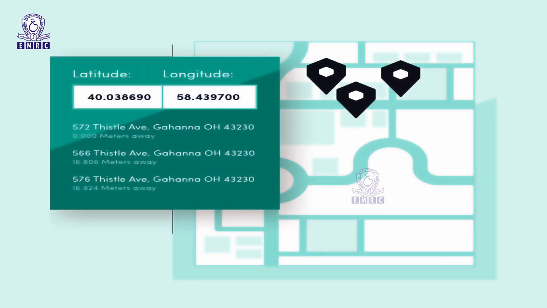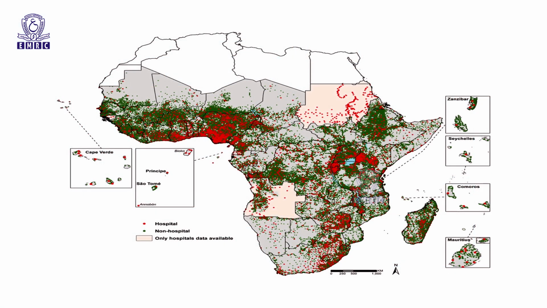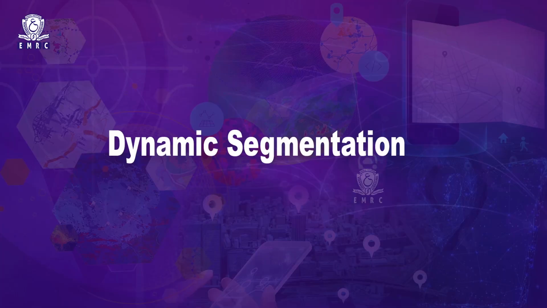Geocoding can also be used to derive neighborhood socio-economic data for cross-sectional analysis of public health surveillance data, and to provide input data for measuring geographic access to health services based on the travel time and distance between the subjects and medical providers. Dynamic segmentation.